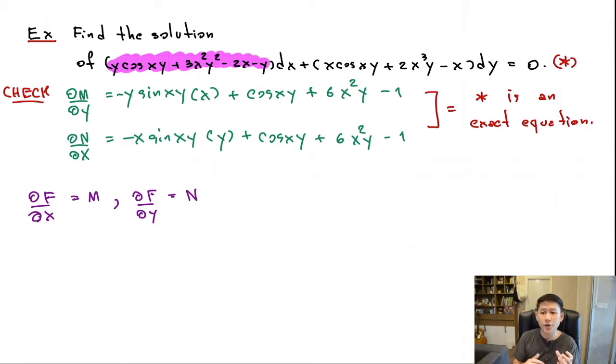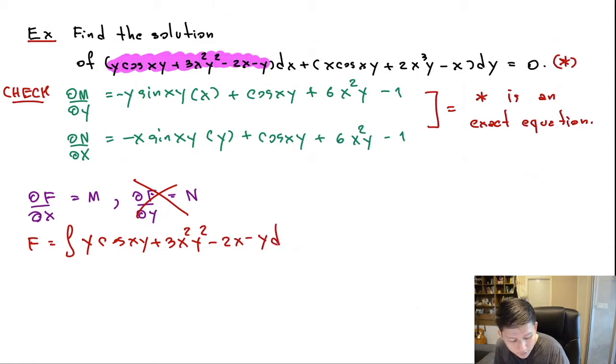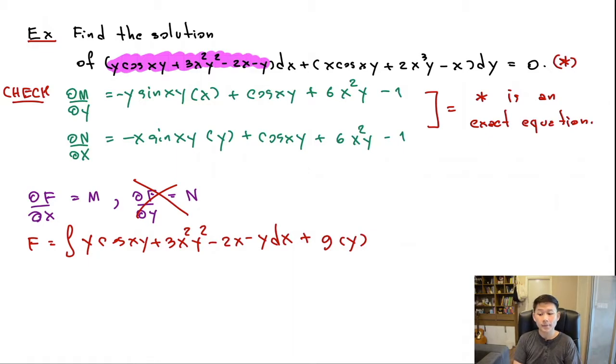You know which one you want to begin with. Okay, so I'll begin with df by dx equals M. So what I have is f equals the integral of y cos xy plus 3x squared y squared minus 2x minus y dx plus g of y. Okay, makes sense.